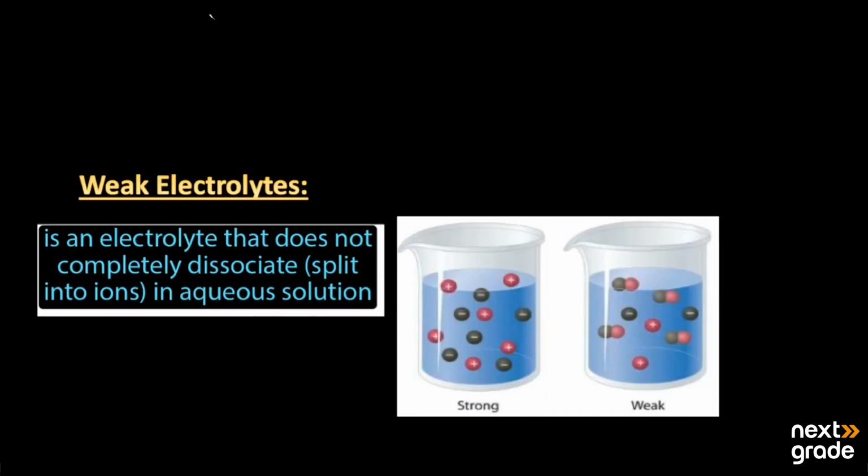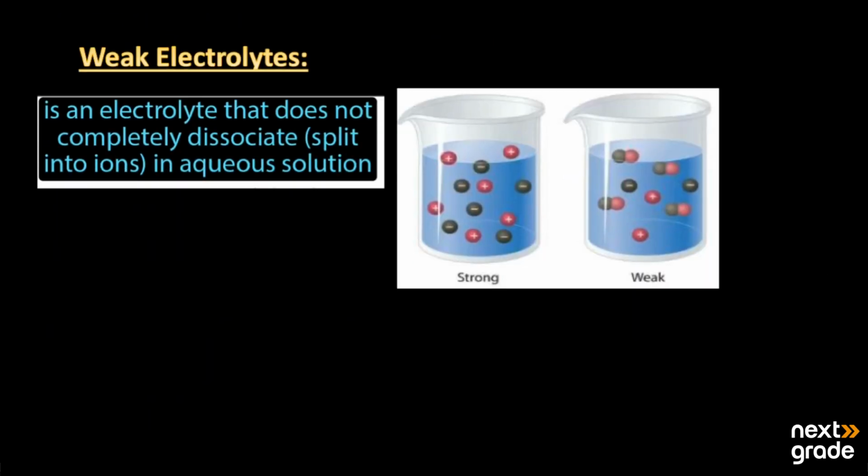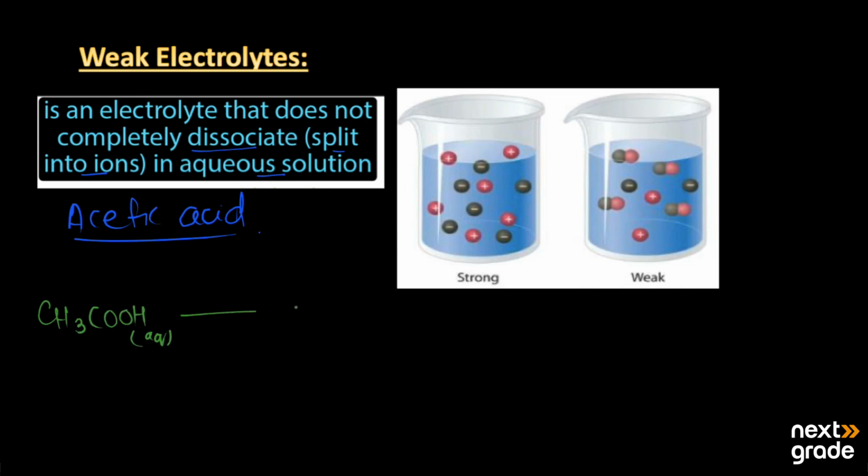The second type, the weak electrolyte, is a type of electrolyte that does not completely dissociate or split into ions in the aqueous solution. A very simple example of a weak electrolyte is acetic acid. Its formula is CH3COOH. When we have its aqueous solution, or we dissolve it in water, what happens? It dissociates into ions but not completely.